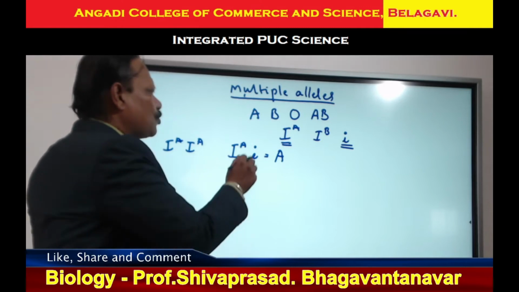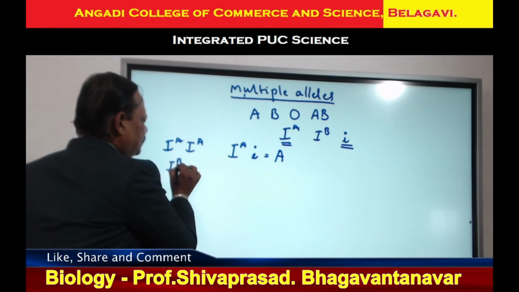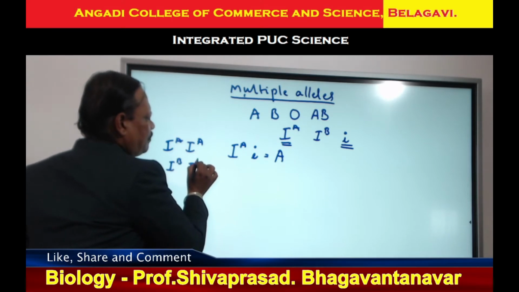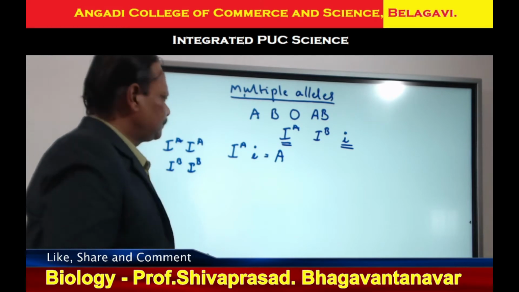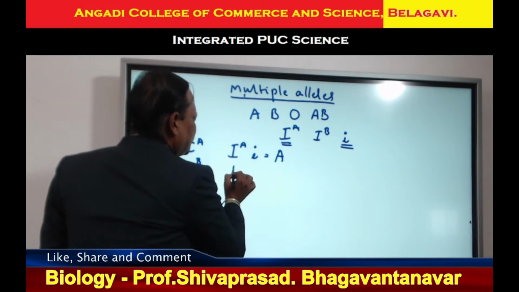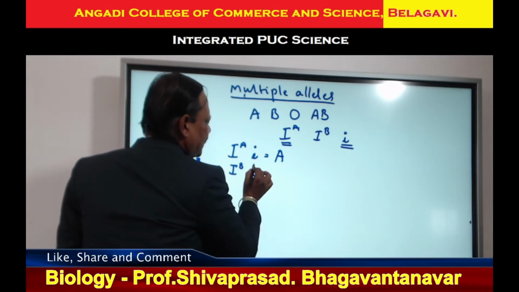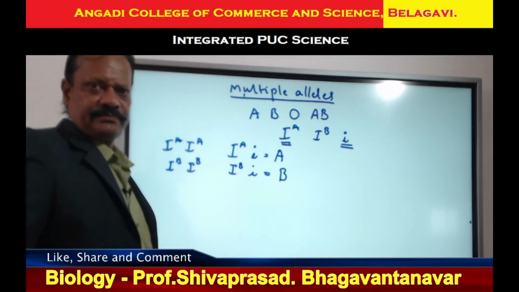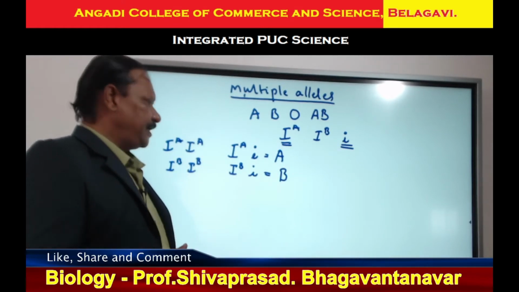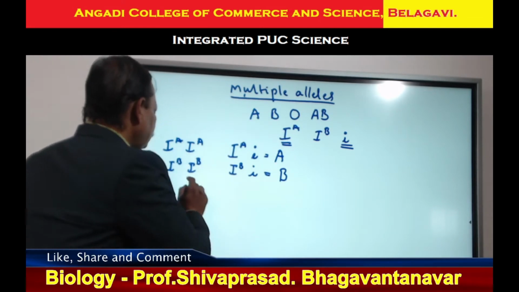Now, coming to B, here IB IB is the homozygous condition in case of blood group B, and heterozygous if we are taking IB and small i. It will become blood group B. Now see, we are coming to AB.